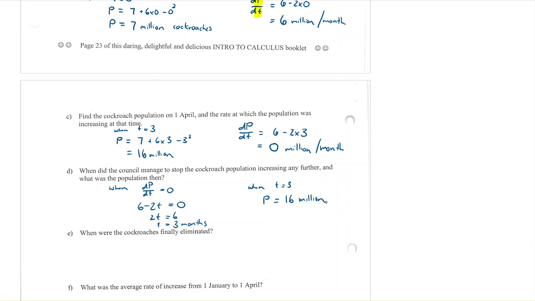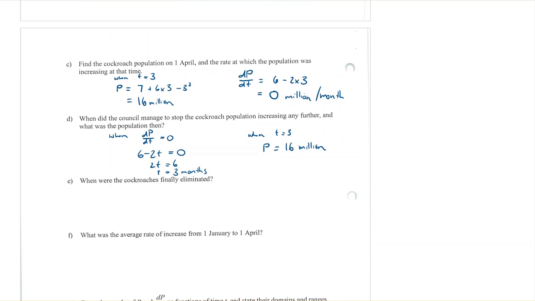Part E. When were the cockroaches finally eliminated? Eliminated means population of 0. No cockroaches left. So when p equals 0, into the original equation, I have 0 equals 7 plus 6t minus t squared. It's a quadratic. I don't like the t squared being negative because that makes it hard to factorize.